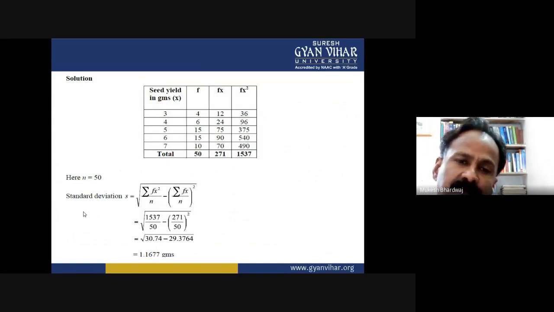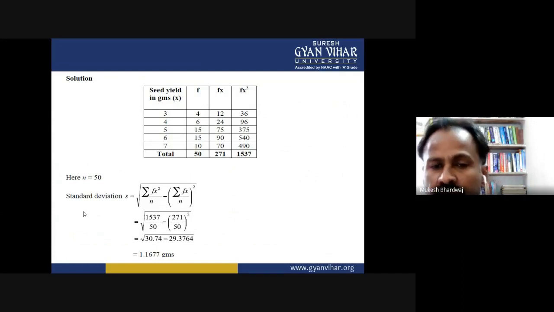When we add the frequencies, it comes out to be 50, the total number of observations. The value of n is 50. Put all the values in the formula. Finally, you get the solution, which comes out to be 1.1677 grams, the standard deviation for the given discrete distribution type data.